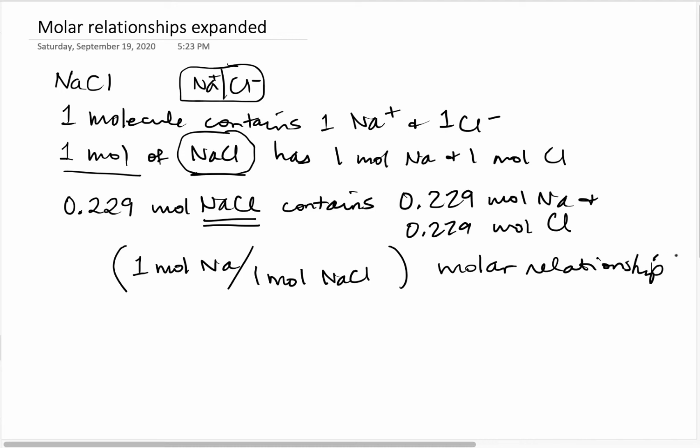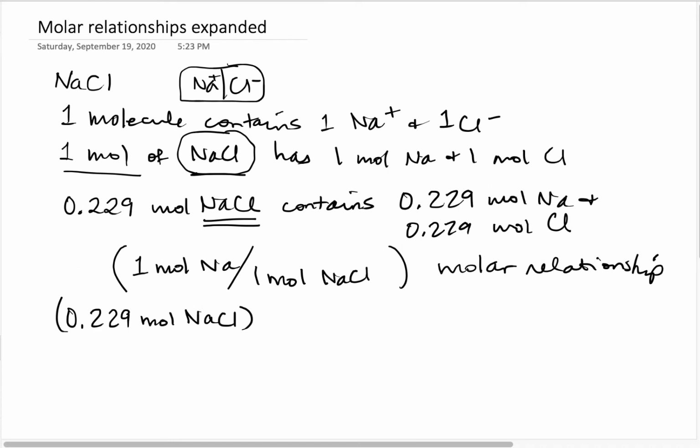We can also set this up in a systematic way to do a unit conversion. So if we wanted to convert from 0.229 moles of sodium chloride and you had a question, how many moles of sodium are there in 0.229 moles of sodium chloride? When you have this simple one-to-one relationship, you might just say, well, of course I have 0.229. But it's helpful to have a systematic way for when you have a more complicated scenario.